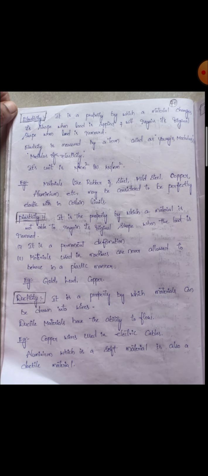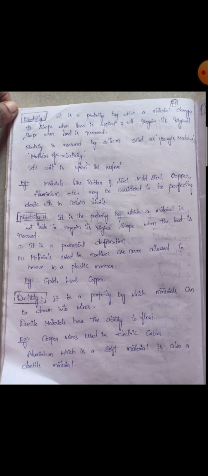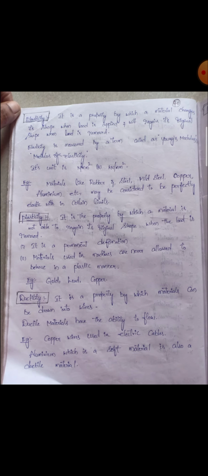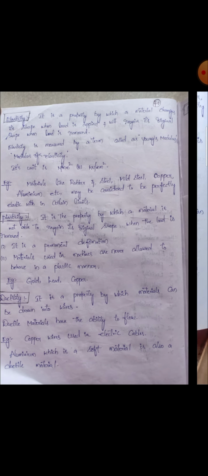So a material which changes in shape when load is applied, and when load is removed will regain its original shape up to a certain limit, that is nothing but elasticity. Coming to plasticity. Plasticity is the property by which a material is not able to regain its original shape when load is removed.